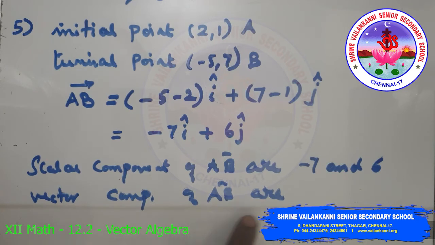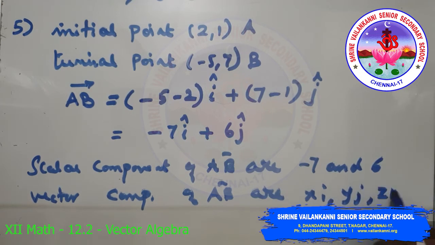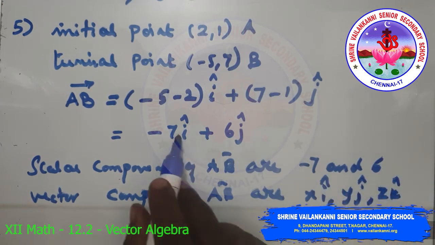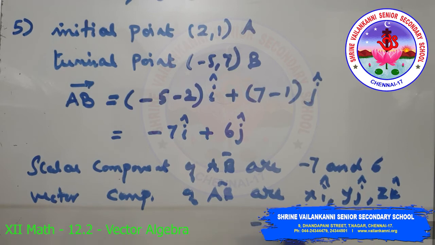Vector components of AB are xi, yj and zk. Here xi is -7i and yj is 6j. So vector components of AB are -7i and 6j. Scalar components of AB are -7 and 6, the coefficients of i and j.